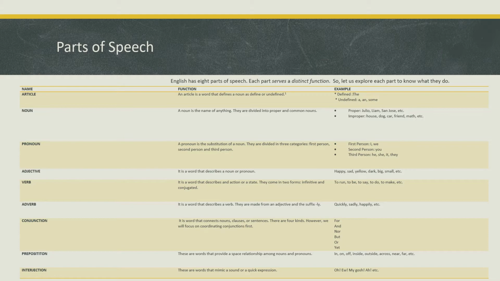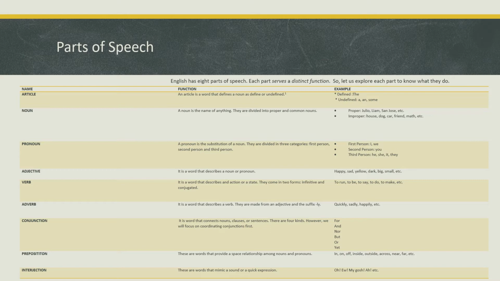Then we have the pronouns, and the pronoun is the substitute of the noun. There are 3 types of pronouns: the first person, the second person, and the third person.